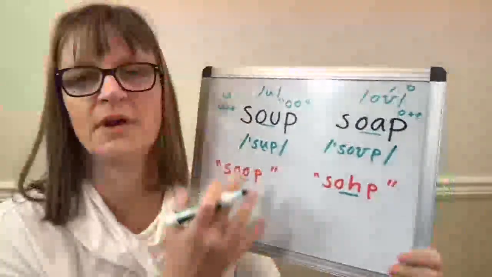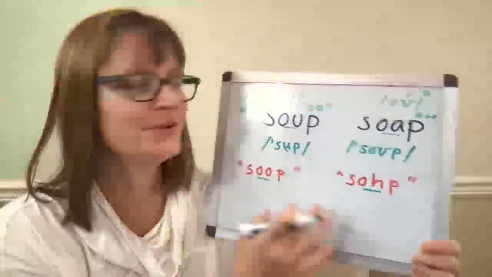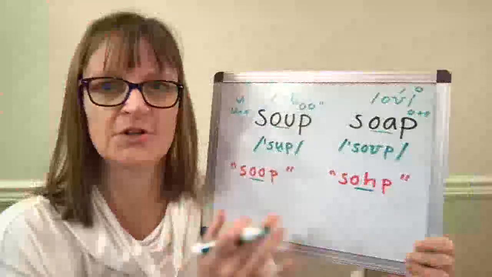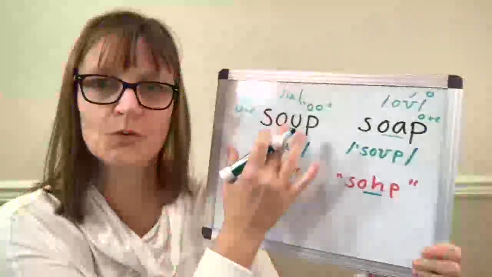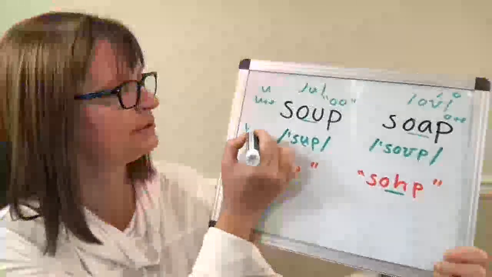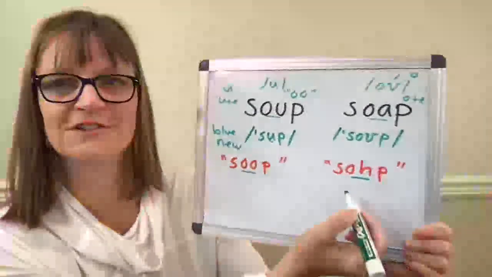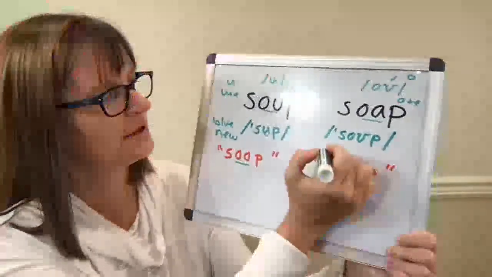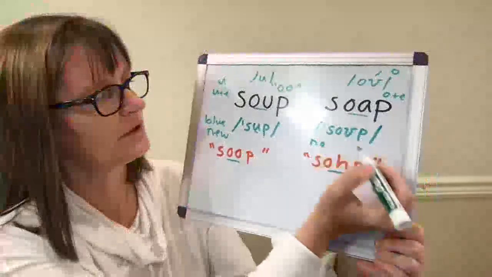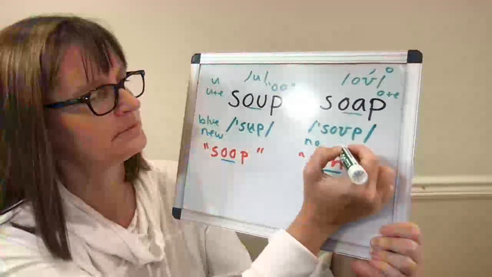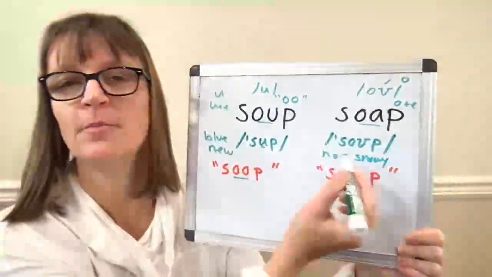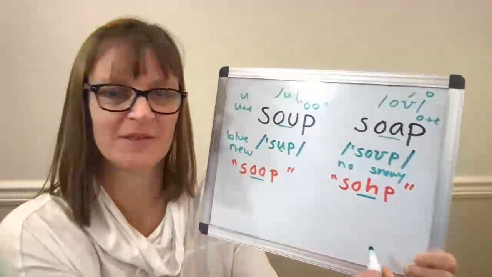So when it comes to making a difference between these two words, if you're looking at just soup and soap, it might be a little harder to hear. But if I choose another word with an oo, for example, new soup or blue soup, versus another word with o, like no soap or snowy soap, that may help me match the vowels in those two words to get them correct.